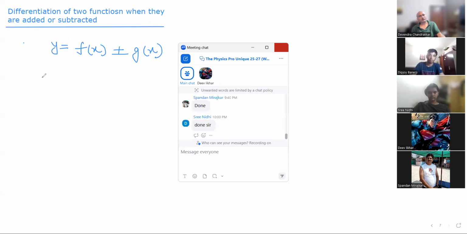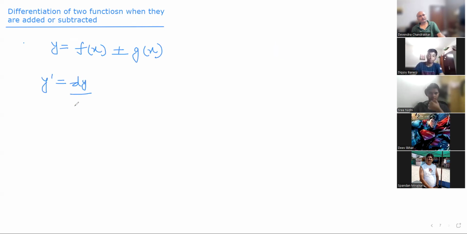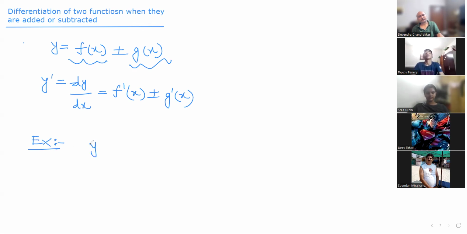Now, if I want to differentiate this y, what do I get? It's dy by dx only, f dash x plus minus g dash x. Simply differentiate each function and add or subtract as they are in the given question. So example, let's see this. y is equal to x cube plus cos x. So y dash is what?